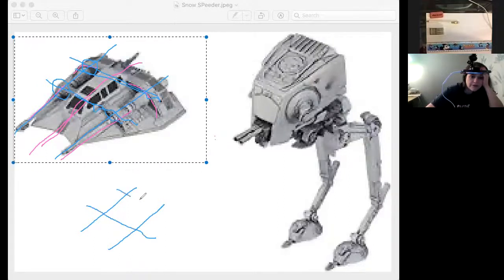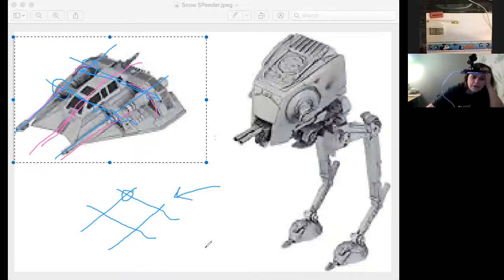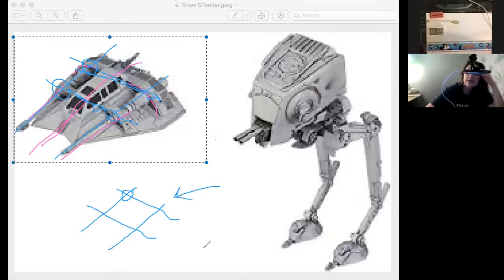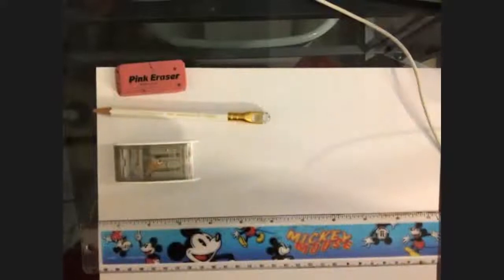Everything else is perpendicular, which means it is an intersection. Okay, so let's look at that. We're going to look at this frame right here. Okay, I'm not going to use my ruler to measure as much today. We're going to try to eye it as much as we can and see what we come up with.